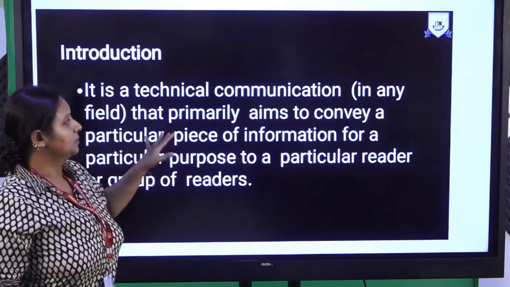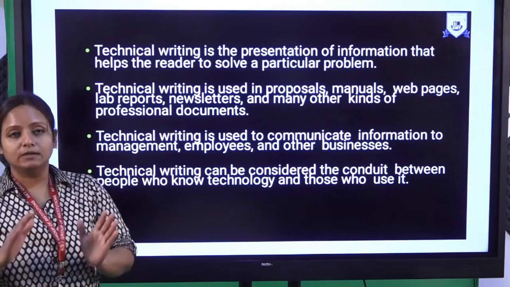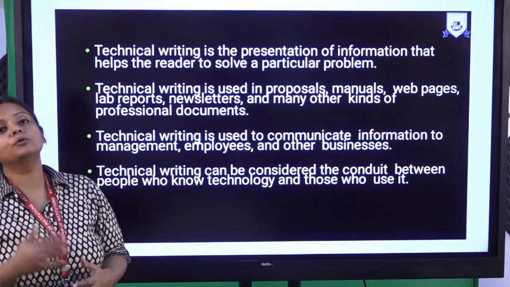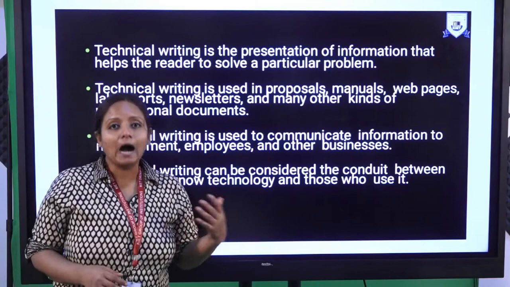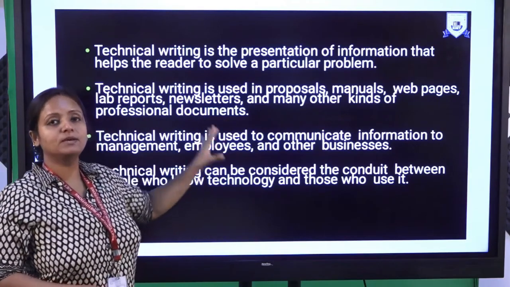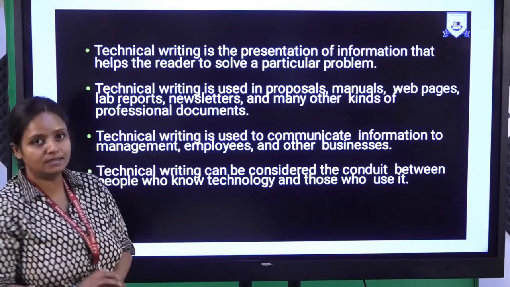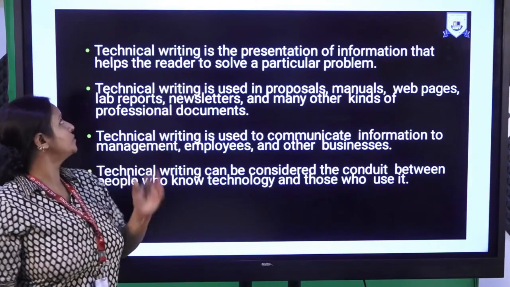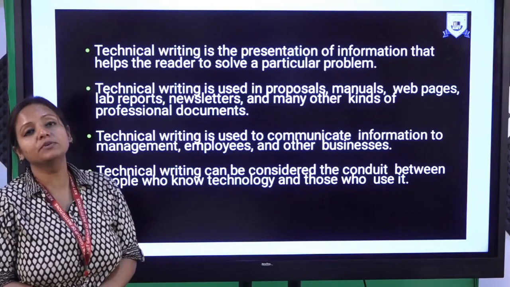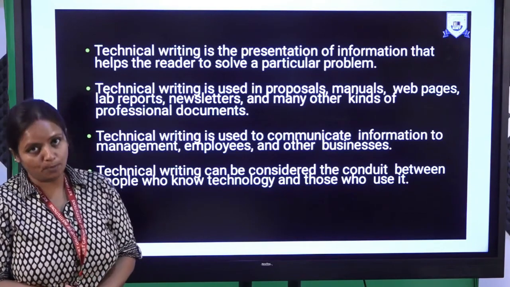That is technical communication. Now when we talk about communication, we are talking both about writing and speaking. Our focus in the technical writing topic is basically the writing section, so we will be discussing technical writing in this section. It is the presentation of information that helps the reader to solve a particular problem.